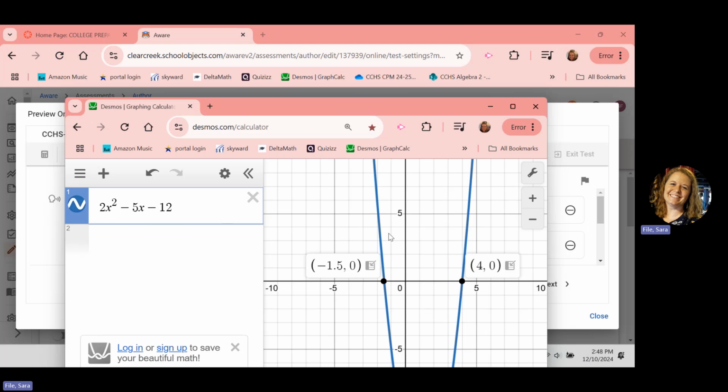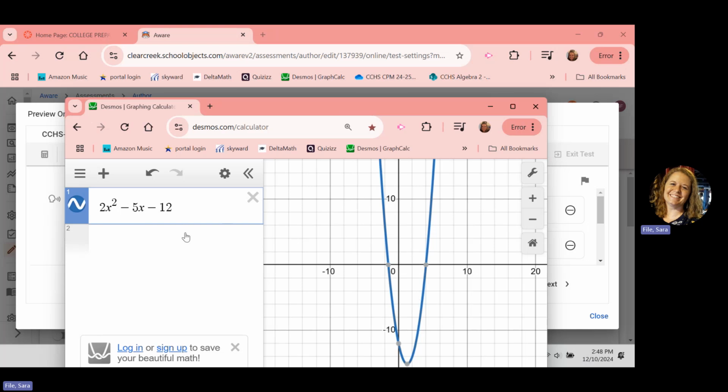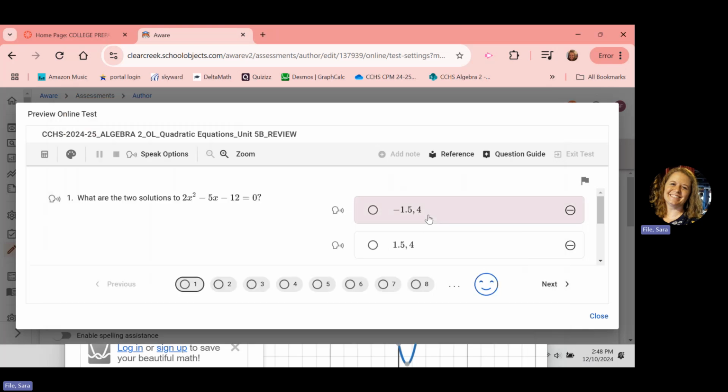So it kind of depends. Do you want to see the actual shape of the parabola? Or if you put equals 0, you're asking where does this equal 0? And it's just going to give you lines going through where it equals 0, which again are the same whether you type that or not. So our solutions here are -1.5 and 4.